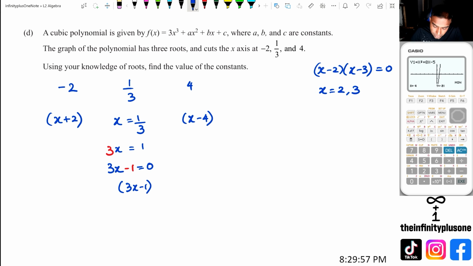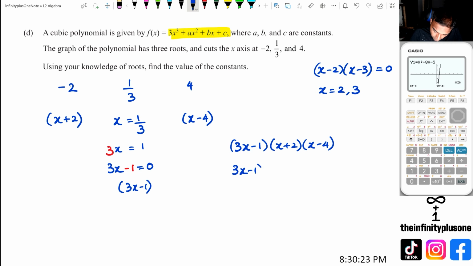Now I should be able to expand the polynomial, because I've got 3x minus 1 multiplied by x plus 2 multiplied by x minus 4. And if I expand this out, I should be able to get the values of a, b, and c. So I'm going to do the other one first.